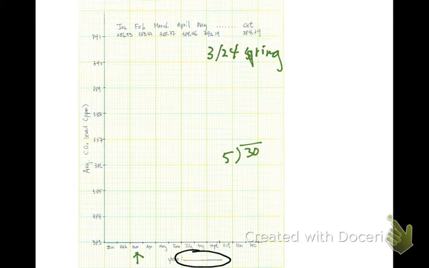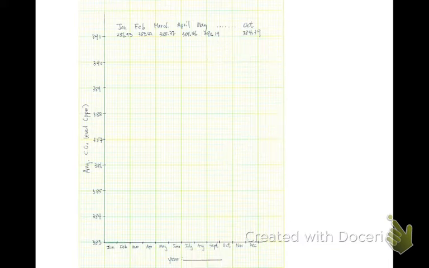That means each space will be 6 days. So March 24th will be the 4th line: 1, 2, 3, 4. Draw a straight line all the way up. That marks the beginning of spring.